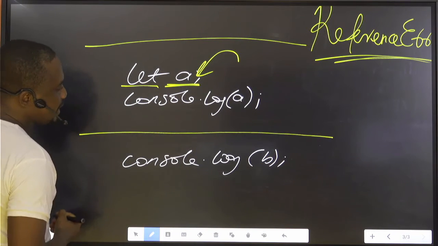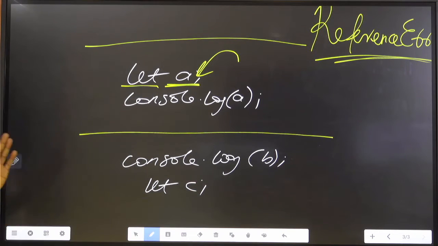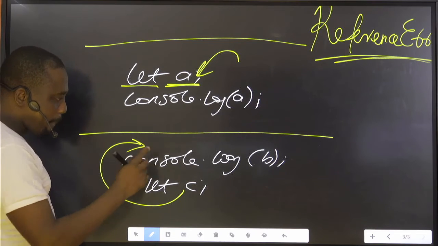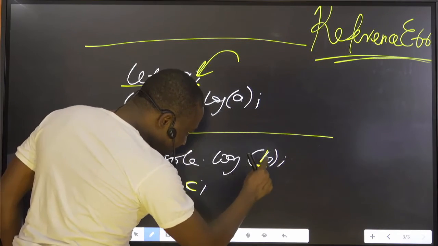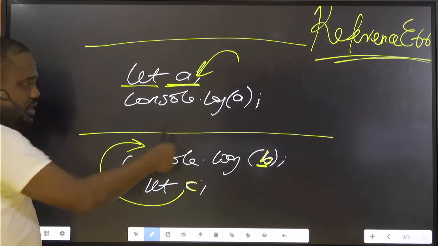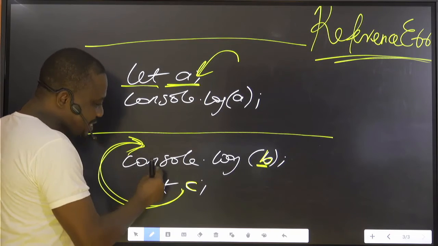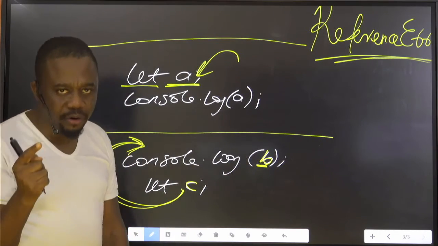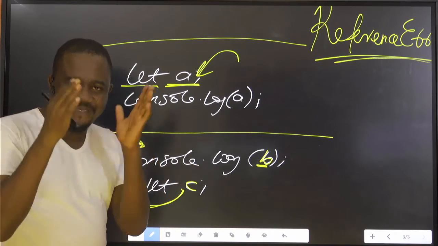Okay? Then I do let c. Remember, this let c will be moved up. But this one is not what is here. This is c. This is b. Which error is it going to give us? We only lift this up. If you ask JavaScript about c now, it will tell you reference error. Unless it is initialized, you cannot access it. You cannot have access to c.